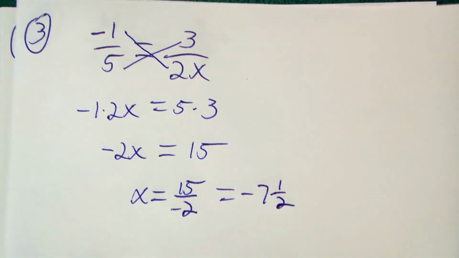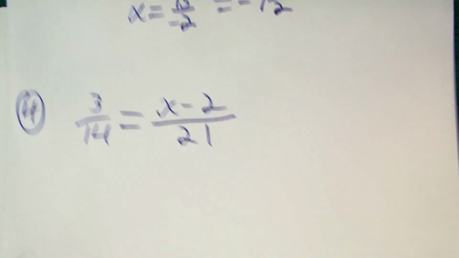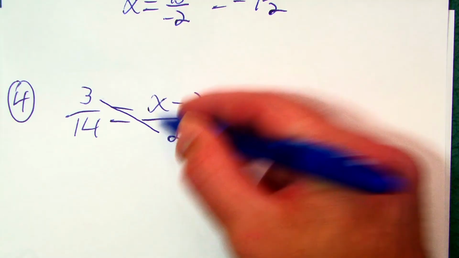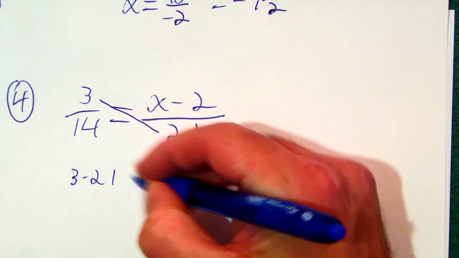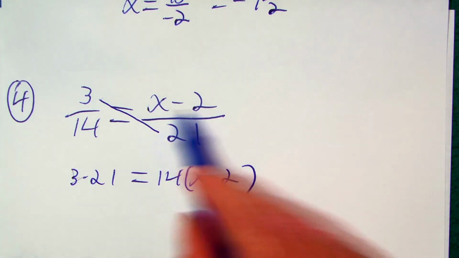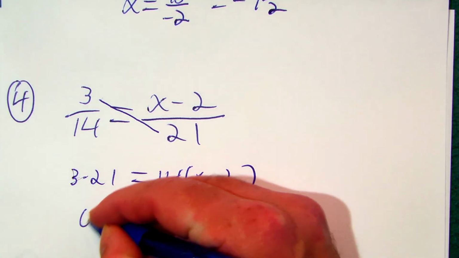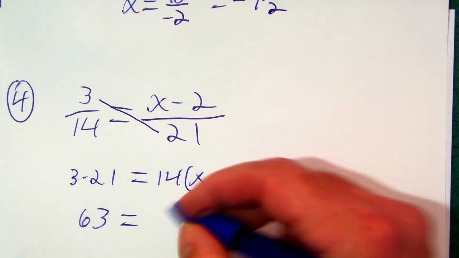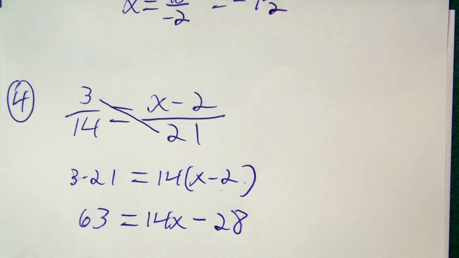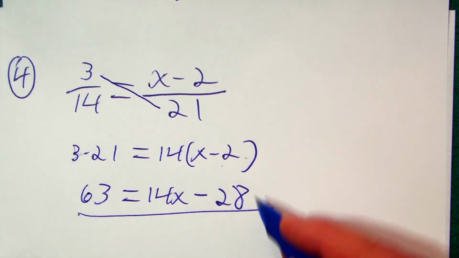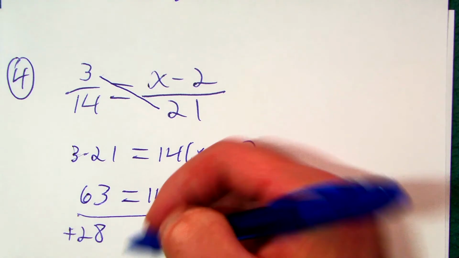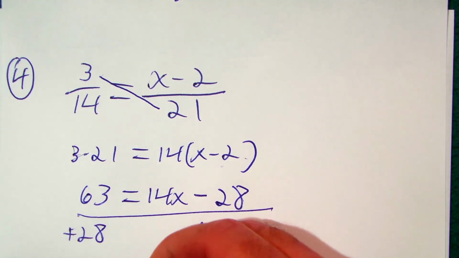Some of these you're going to have to do a little bit more work to solve. So we're going to have 3 times 21 equal to 14 times x minus 2. Put that in parentheses. We're going to have to distribute that 14. So we have 63 equals 14x minus 28. Now we have to solve this equation. We add 28 to both sides, so it's 91 equals 14x.